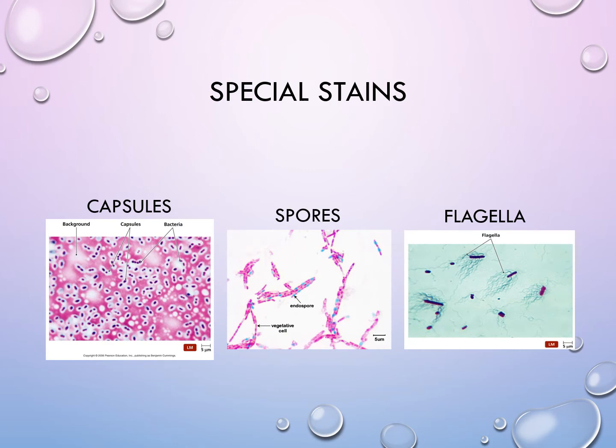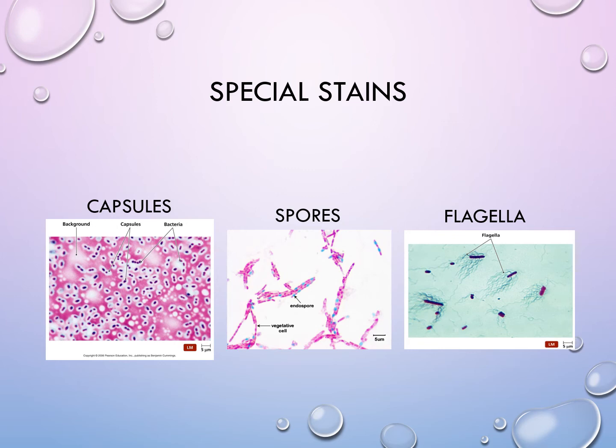So here's a look at what those staining techniques look like. The first one is the capsules, so you can see how there's this contrasting red background with a very dark core, and then that white surrounding each of those is the capsule, and the dark core is the bacteria.